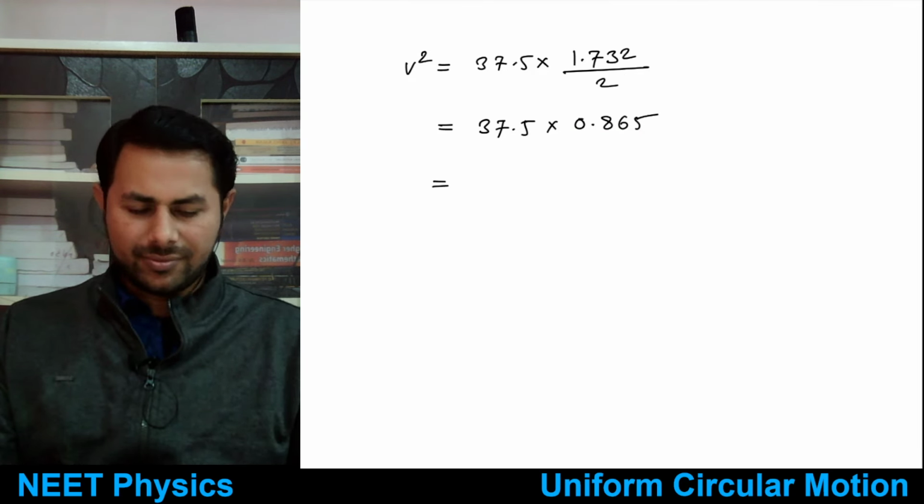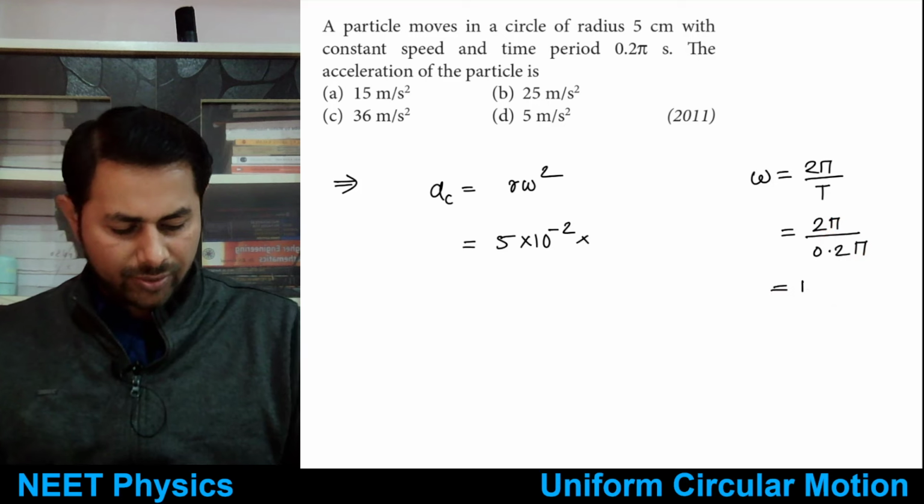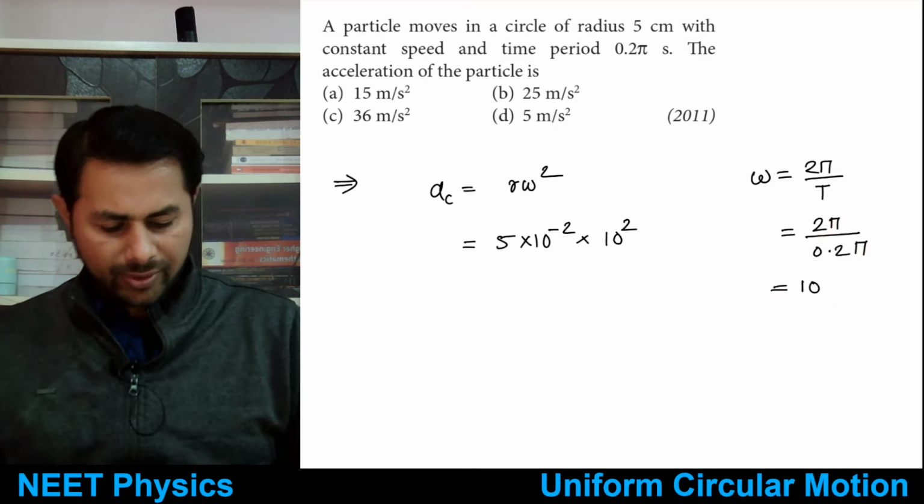You got the answer, very good. So omega is 2 pi divided by T, right? So omega is 2 pi divided by the time period 0.2 pi, that pi and pi get cancelled, so this is 10. Good. So omega is 10, so omega square is 10 square. Yeah, so the answer is 5 meters per second square.